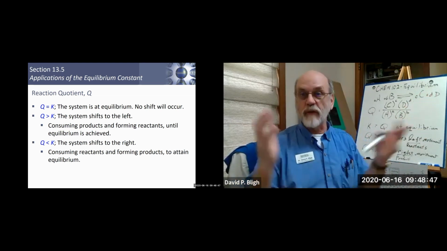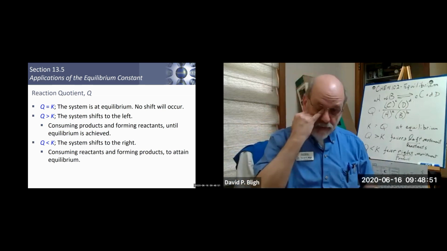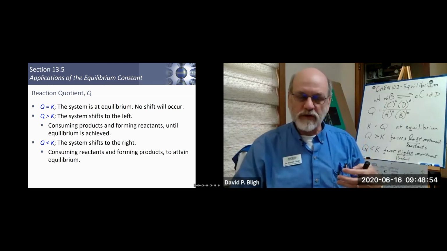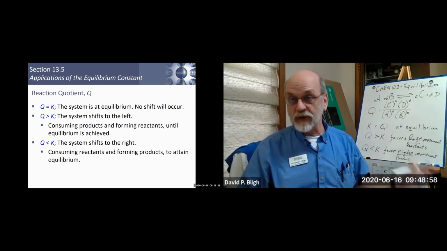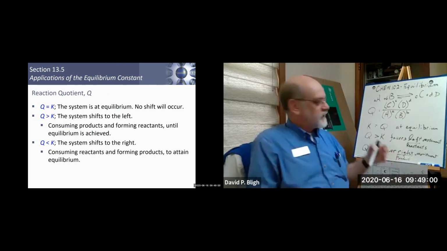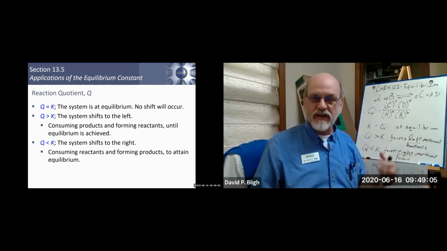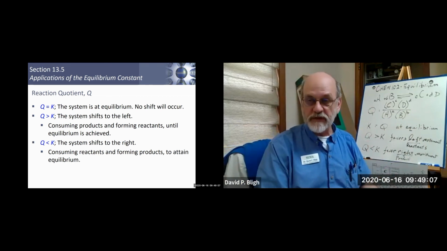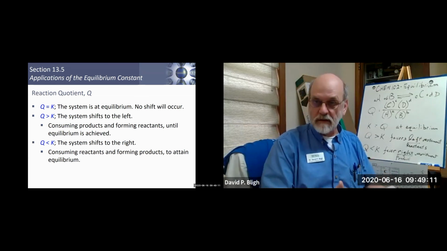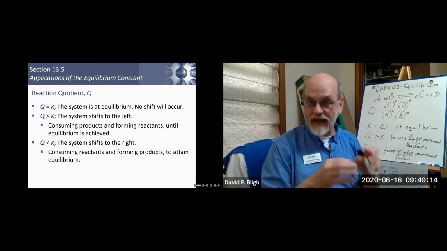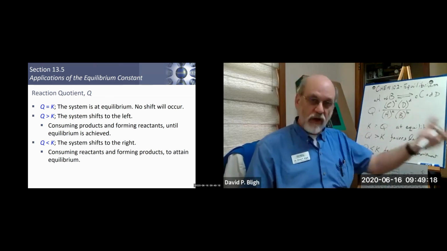Then you could have an eruption of some kind. But for our purposes, it's also important to know which way the reaction is going to move because of the calculations that we're going to do later. Because if you know the reaction is moving this way or that way, that determines how you treat the non-equilibrium system to determine equilibrium concentrations, actually calculate them, right? So you need to know which way the reaction is going to go.